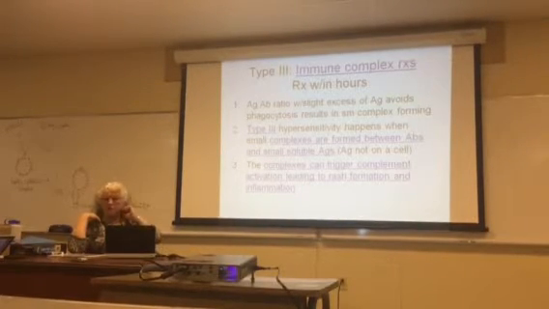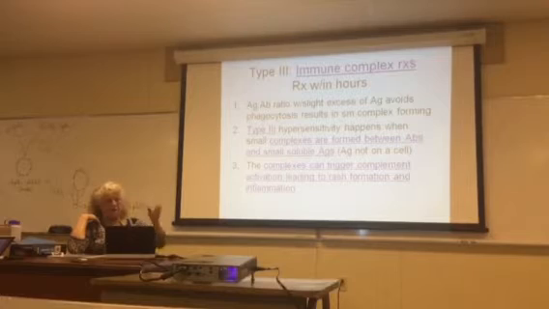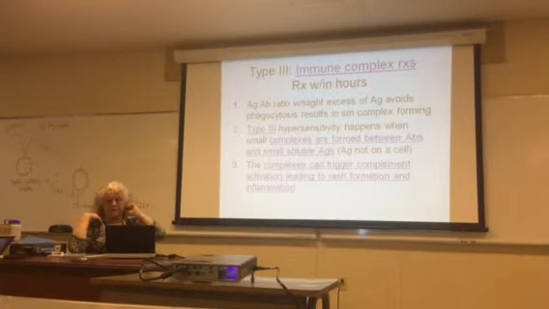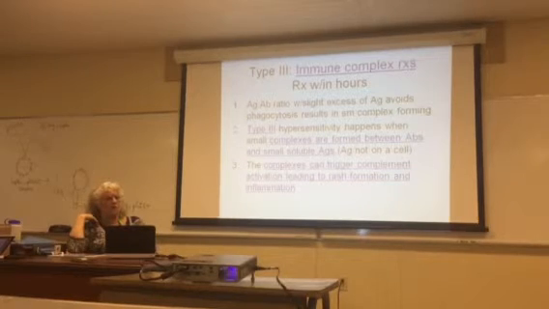Type 3 hypersensitivity happens when these small complexes are formed between antibodies and small soluble antigens. That means the antigen isn't on a cell, it's just in the blood. The complexes can trigger complement activation and lead to rash formation and inflammation.